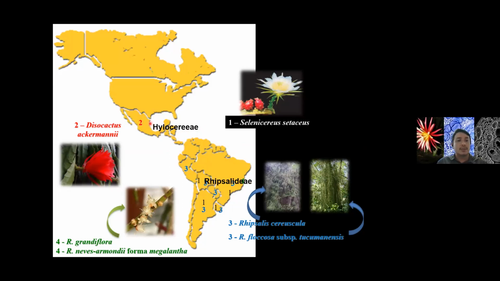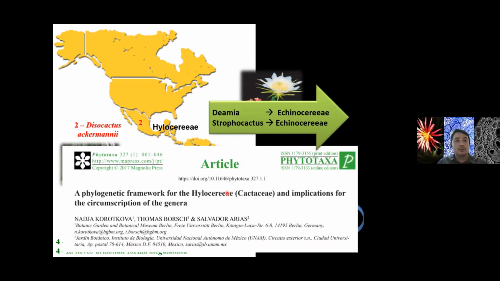Though there are some Rhipsalideae species that live here, and quite a few species of Hylocereeae that occur naturally in South America too. And it's worth remembering that after Nadia Korotkova's paper, the two genera, Deamia and Strophocactus, were excluded from Hylocereeae and included in Echinocereeae, but that is a whole other discussion for another time.